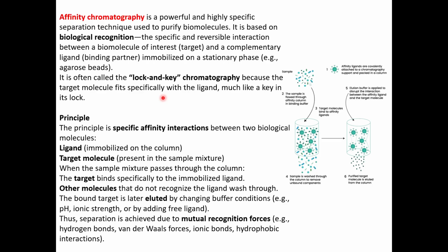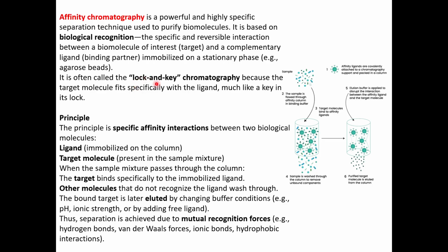So this technique, the affinity chromatography, is also called lock and key chromatography, because this is a very common analogy that is given usually even for your enzyme substrate binding. It's a lock and key model. So every key has its own lock, and every lock has the specific key. So you cannot open a random lock with a random key. It has to be their binding or their target pairs.